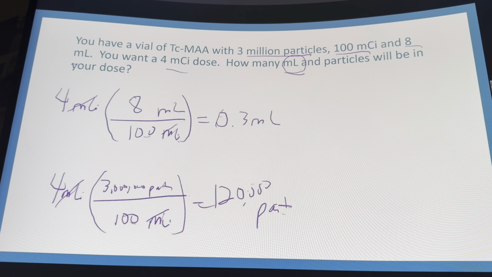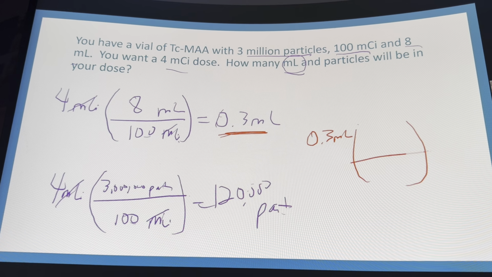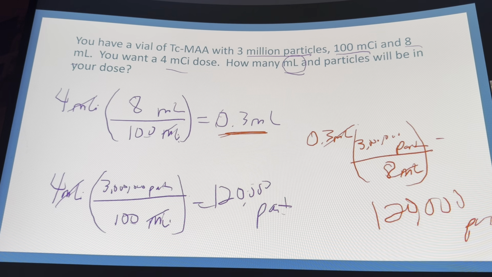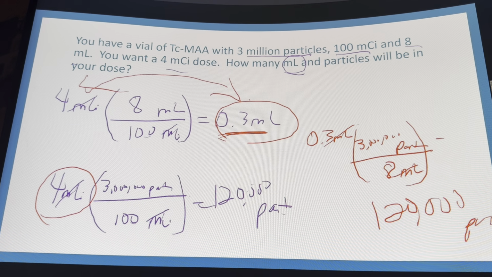Now you could have also started with the 0.3 ml dose. Then my conversion would be ml here and particles here: 8 mLs, and still 3 million particles. mLs cancel, and you still get 120,000 particles. So it works both ways. You could start with the 0.3, or you could start with the 4 millicuries, because at that point those two things equal each other.